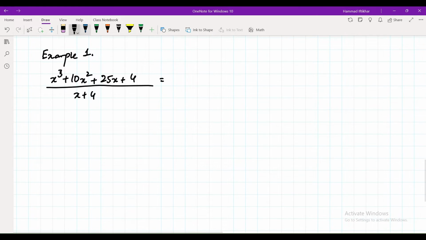So let's try the long division now. The long division process is familiar, as we do in the numbers. So let's see, x plus 4 and x plus 4. So we start out with the first term, x cubed.